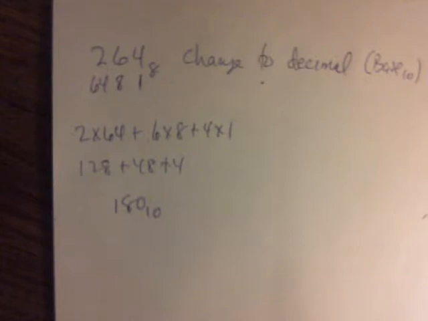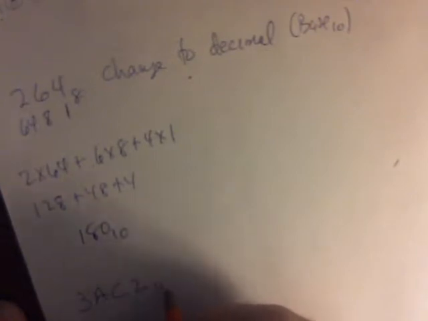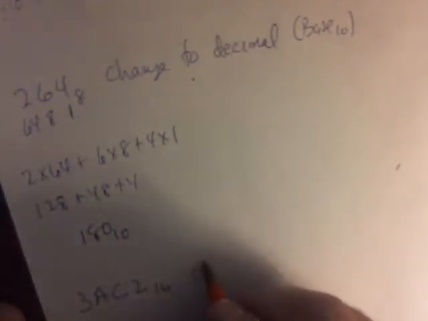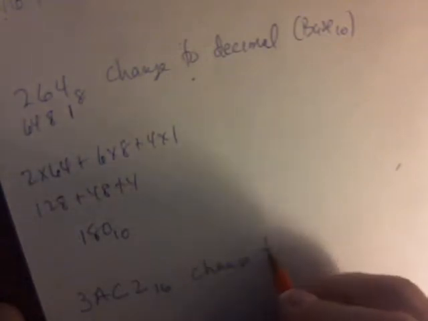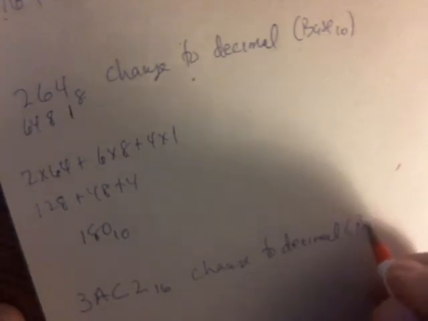All right, let's say we had 3AC2, and that's base 16. And let's change to decimal, which again is base 10.